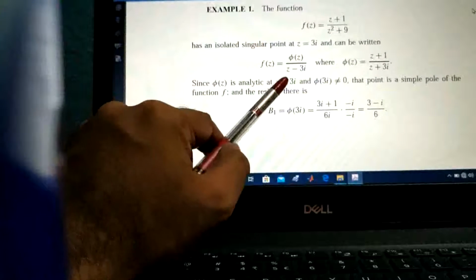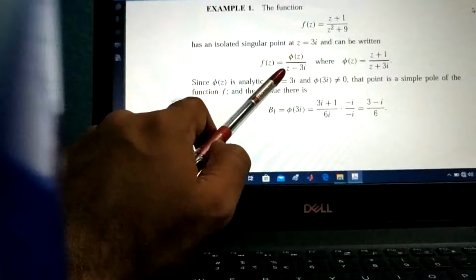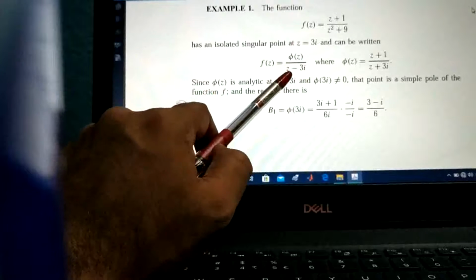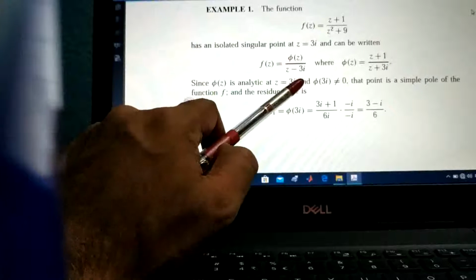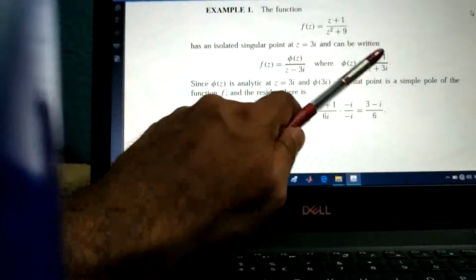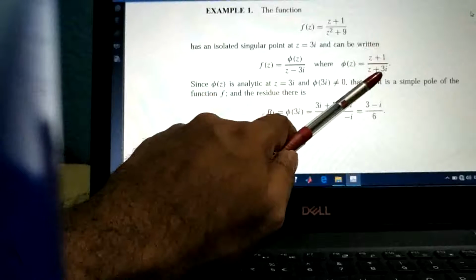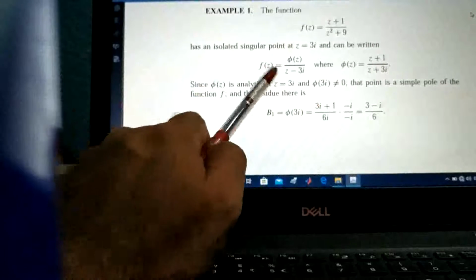So since this function can be defined, z minus 3i, let us keep it here, and phi of z in the numerator, where phi of z is this, z plus 1 by z plus 3i.